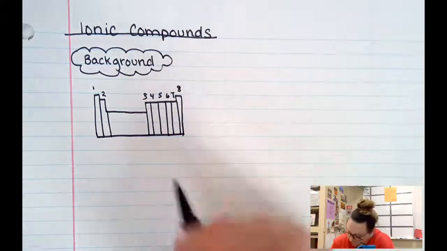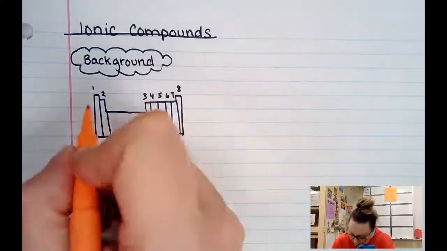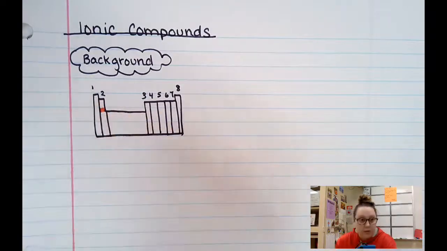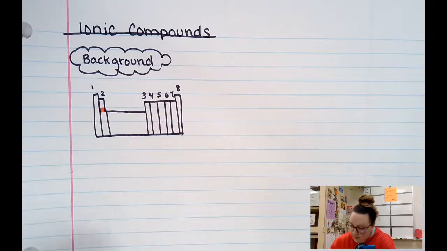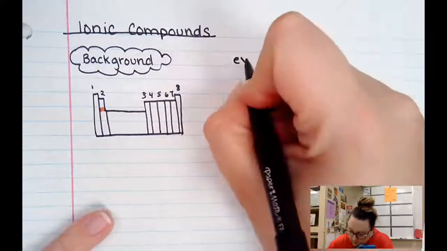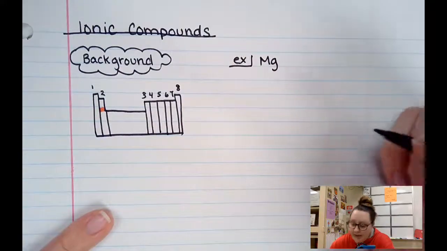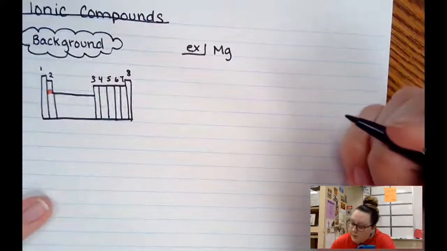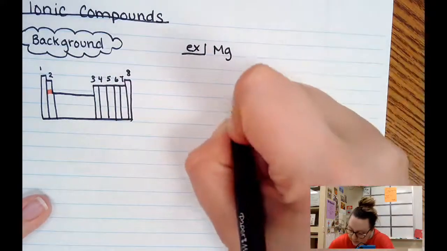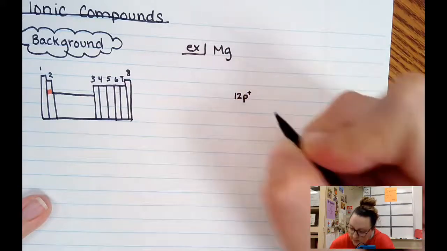So magnesium is located right here. Magnesium has an atomic number of 12, so it has 12 protons in the nucleus.